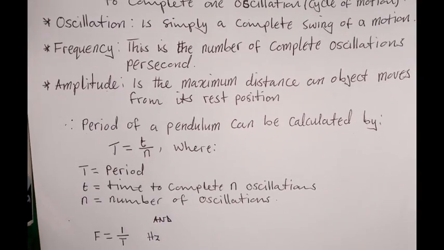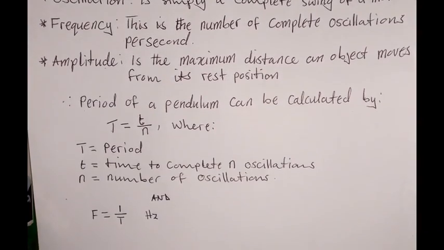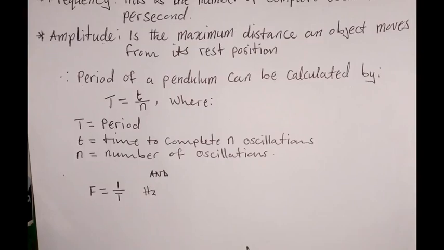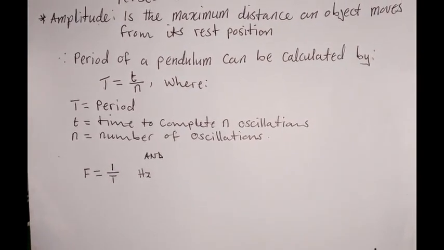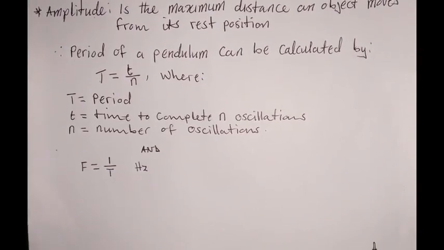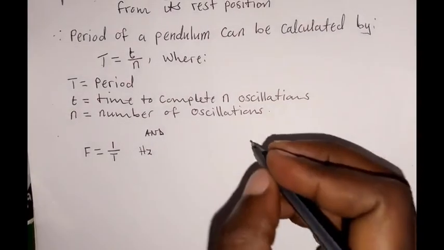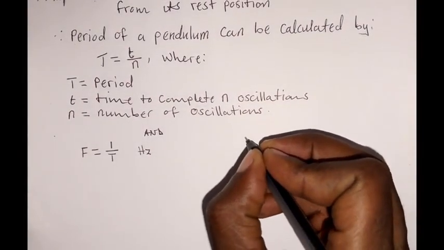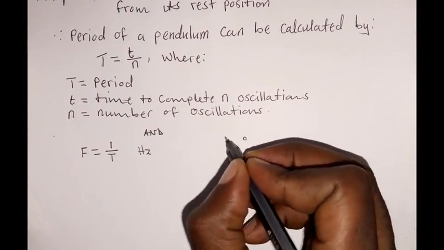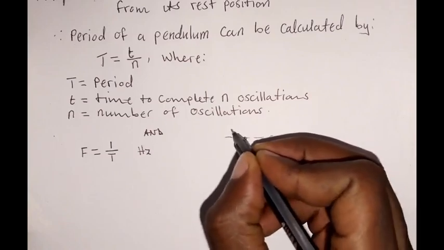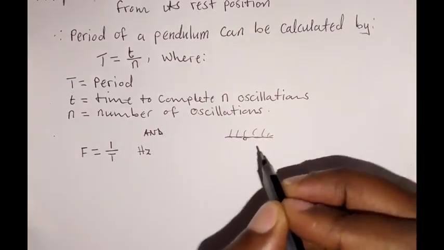Now having this, let's also come up with a simple pendulum diagram to see how we can calculate or record the movement of the pendulum. Let's say we have a pendulum that has been hung here. There's a supporter, this is a supporter.